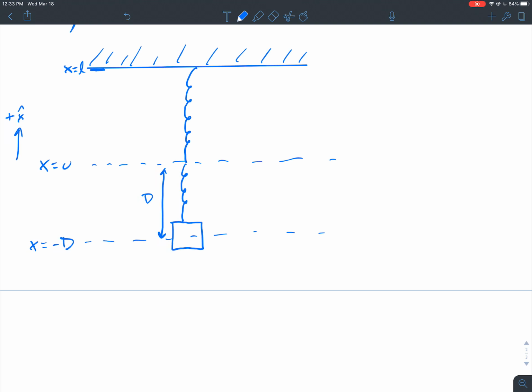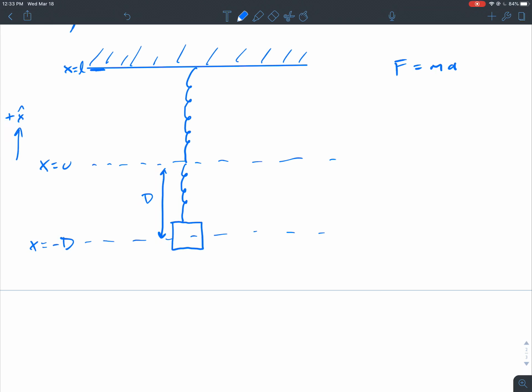Okay, so it has a new equilibrium point now, right? When we were dealing with horizontal springs, you don't really have to take gravity into effect. But do we now? Well, first thing, let's find out what this distance d is. And we do that with trusty F is ma.